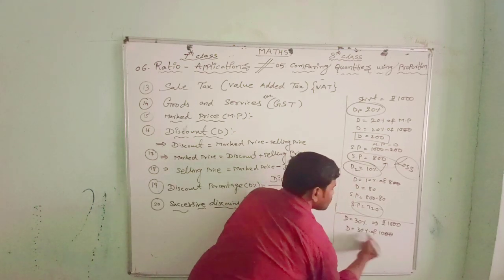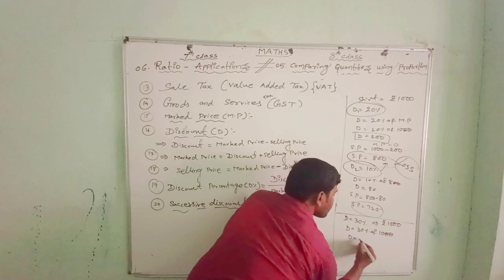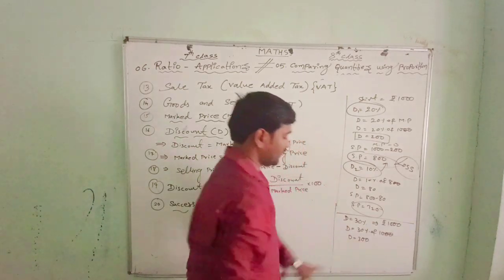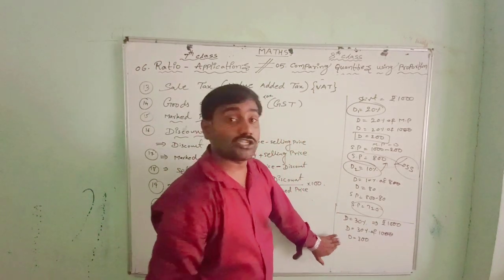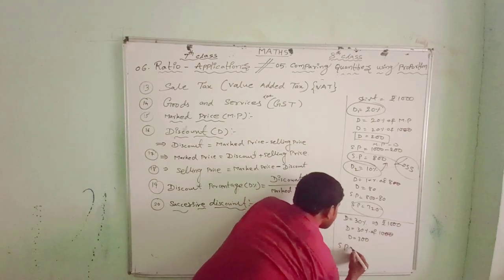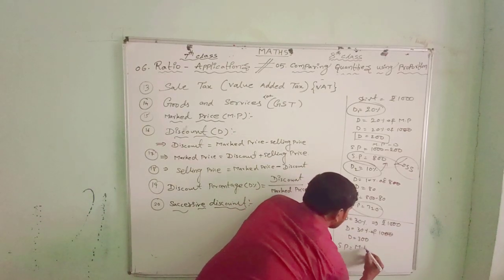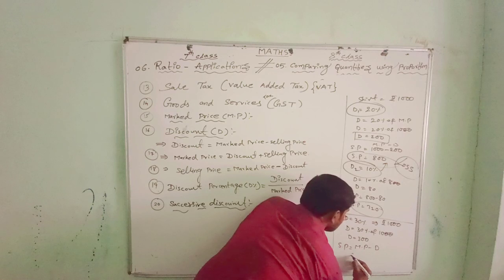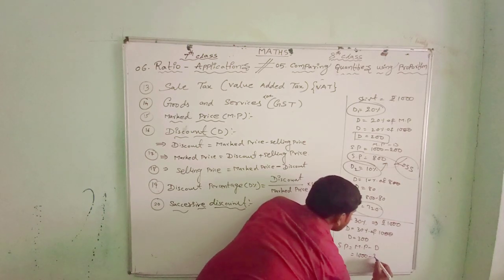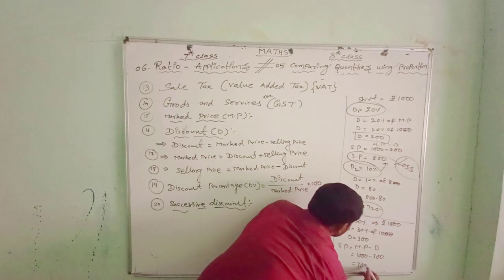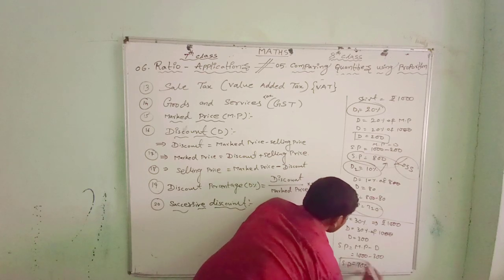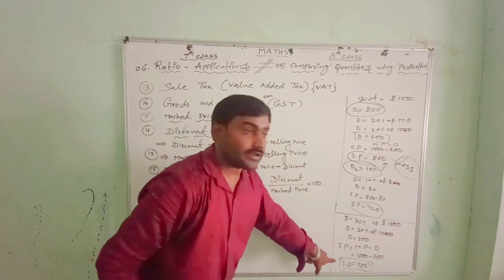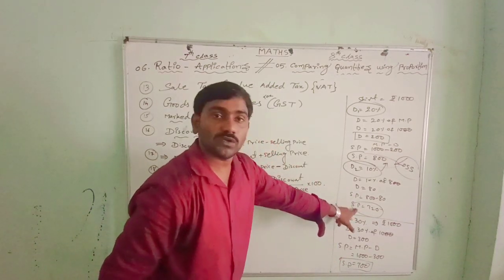These 2 zeros cancel. 30 into 10, 300. You got a 300 discount. Then the selling price equals market price minus discount, that is 1000 minus 300, which equals 700.